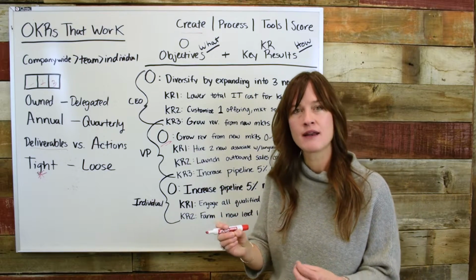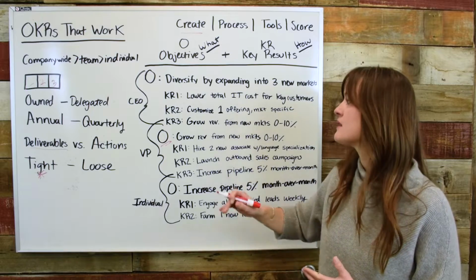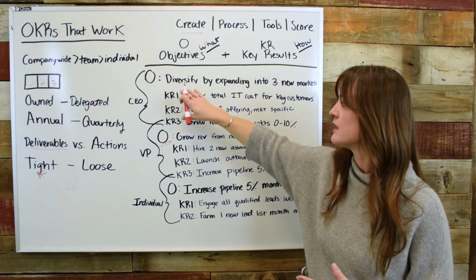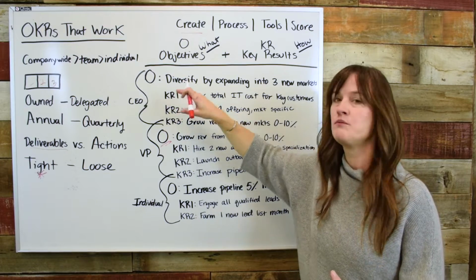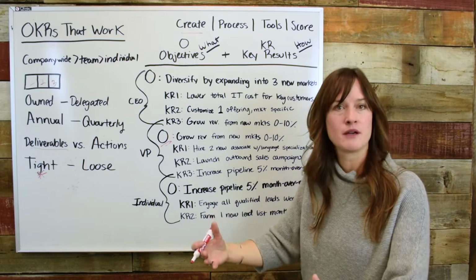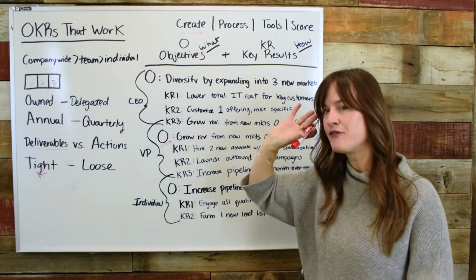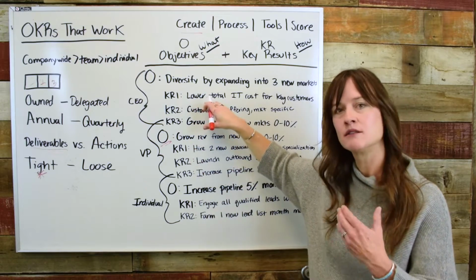What do we mean by that? In a traditional goal cascading or goal setting exercise, the children of an objective would be actions, and they would be maybe milestones of accomplishments in an incremental fashion. In this case, the flip on it is to say, I'm not interested in the actions, I want to know what you're going to deliver.